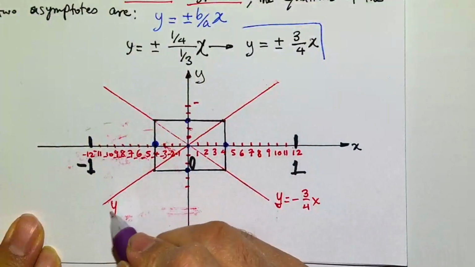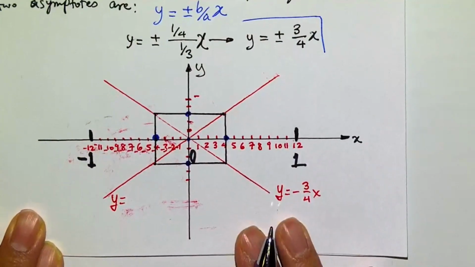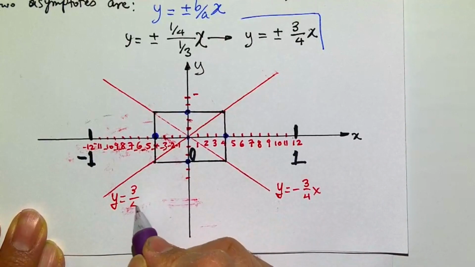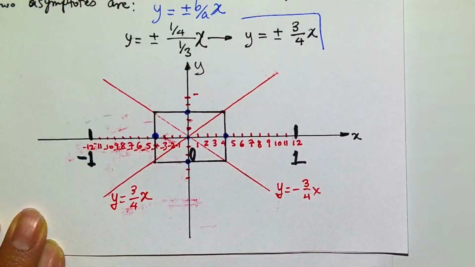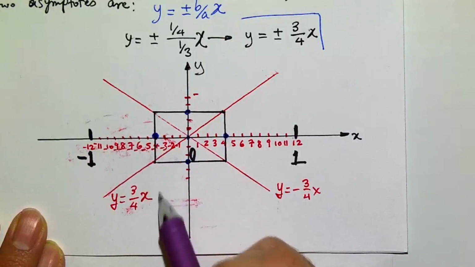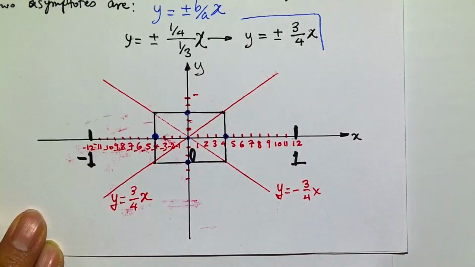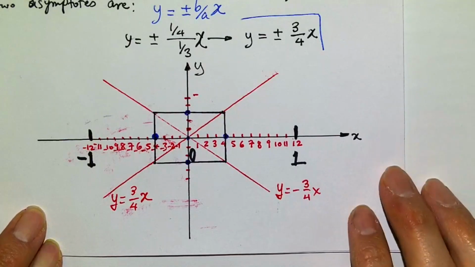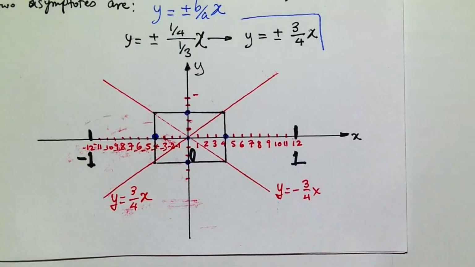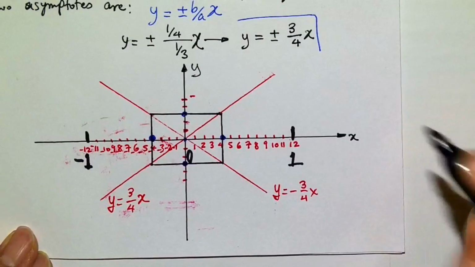And the equation of this, of course, will have a positive slope, right? 3/4 x. And I apologize for smearing the ink there. And so now we can draw the hyperbola, and I'm going to use my thick Sharpie for that.